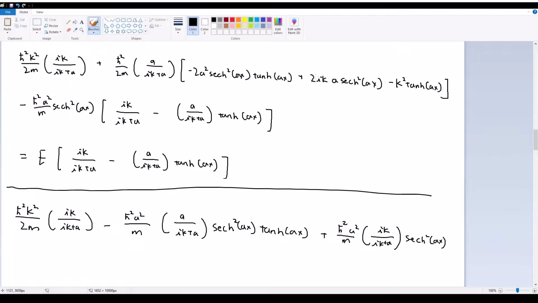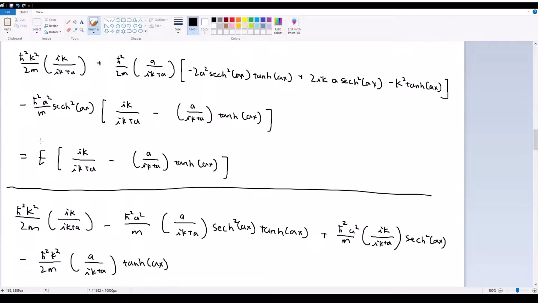Is that correct? h bar squared over m, a squared, ik, yeah. And then finally, subtracting h bar squared k squared over 2m times a over ik plus a times hyperbolic tangent of ax, I believe. h bar squared k squared over 2m, yeah.